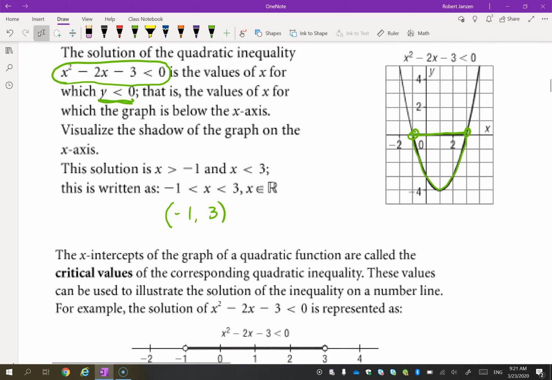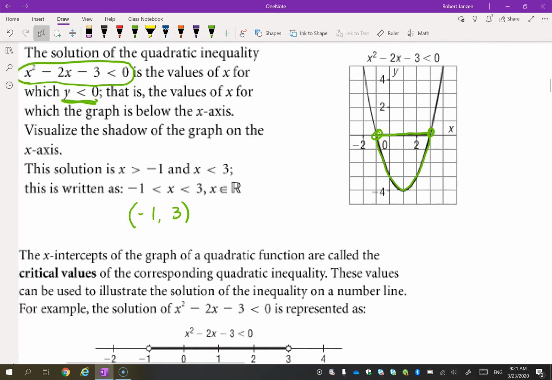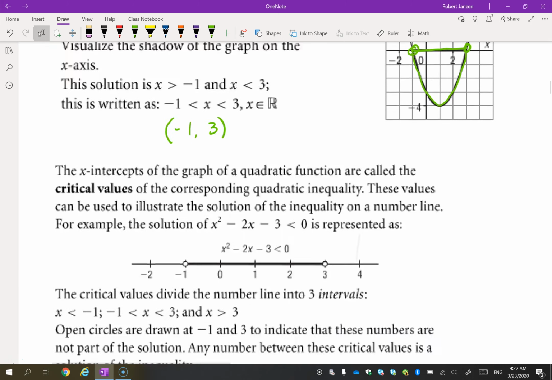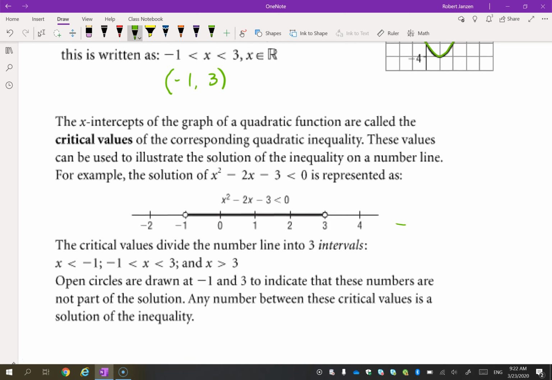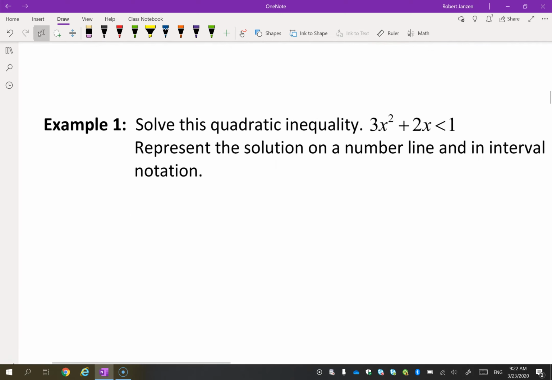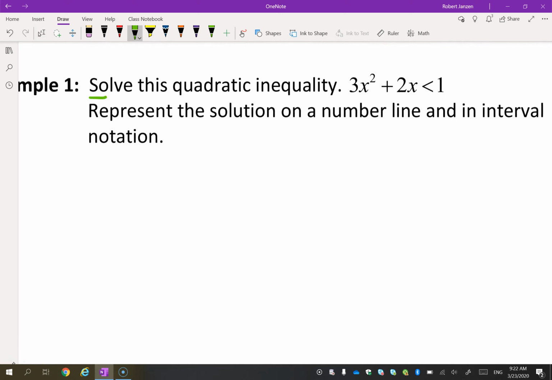Normally, you're not going to graph the parabola for an inequality. There's a shortcut. And the shortcut is just looking at the x values on a number line. That's going to be the method we're going to use. So let's try an example. It says solve the inequality. My first step is going to be to change this so that I write the quadratic part less than 0.